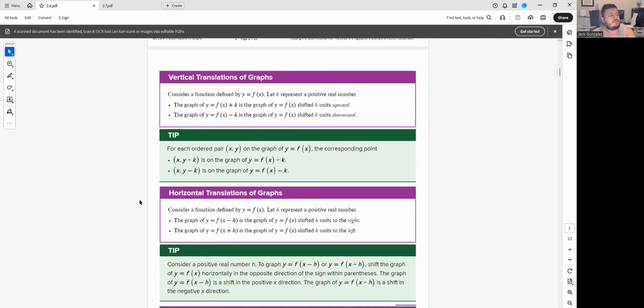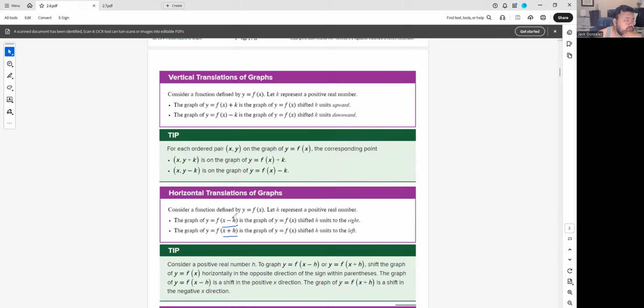Now the next thing, again, I would recommend putting all these on formula cards just so you don't have to memorize it. But basically, if you have a function and you add a number k to it, or subtract a number k, you're going to do a vertical shift. So it's going to move upward k if it's positive, downward k if it's negative. If it's inside, x minus h, x plus h, then it's going to be a horizontal shift.